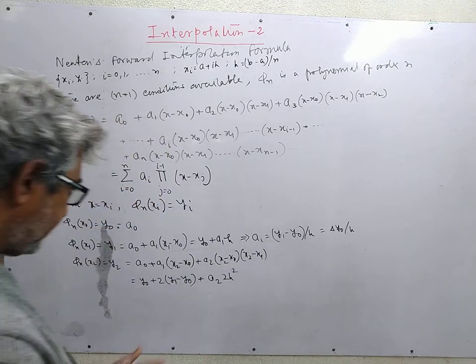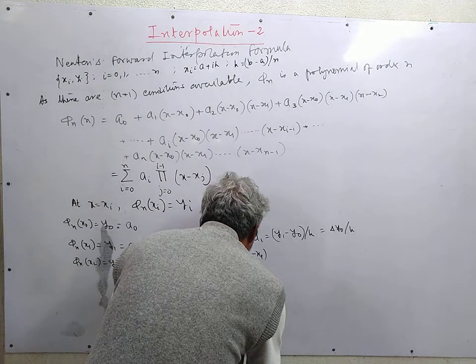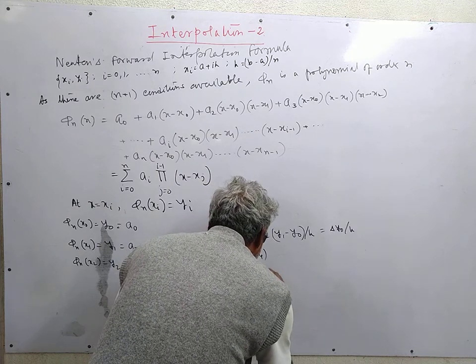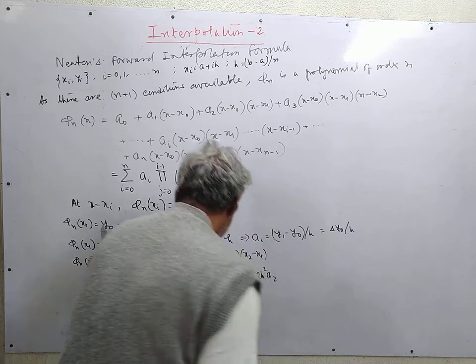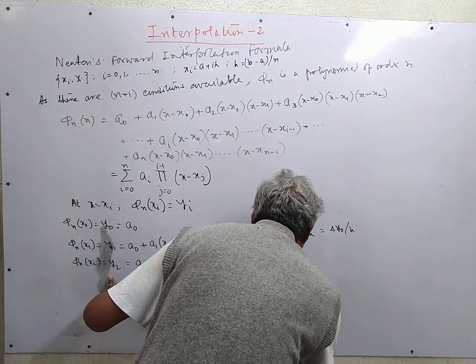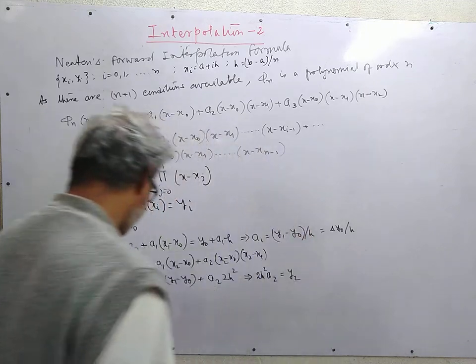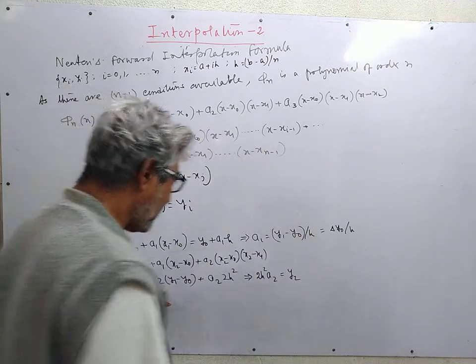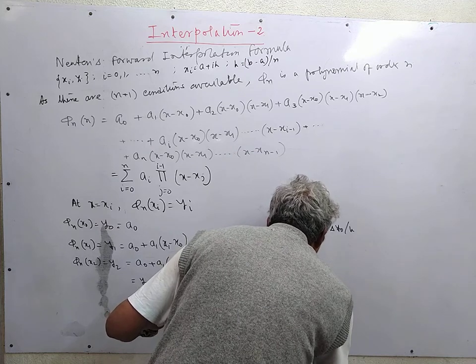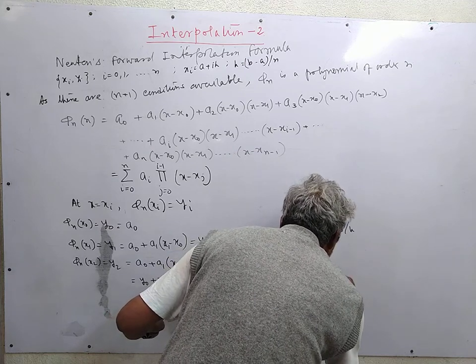So if we write 2h square a2 is equal to y2 minus twice y1 plus y0.